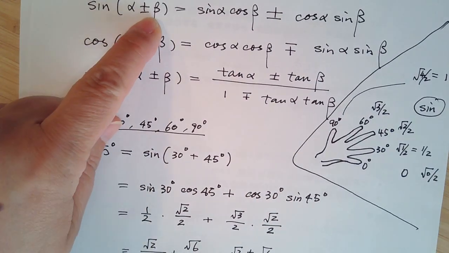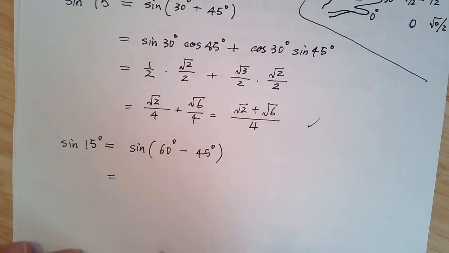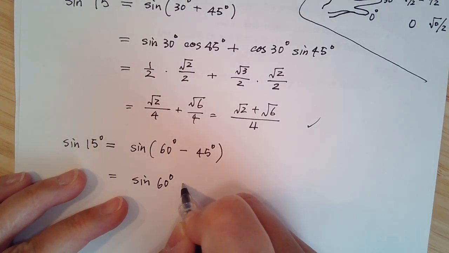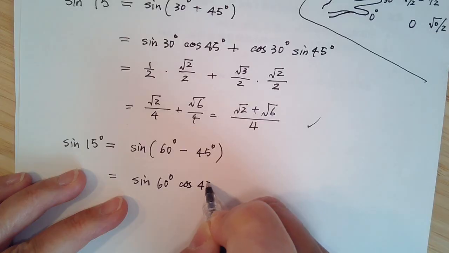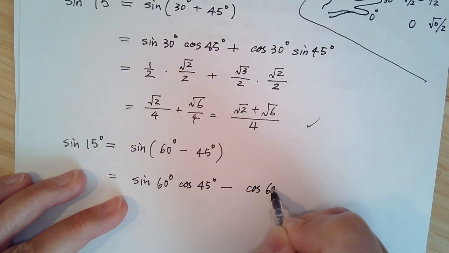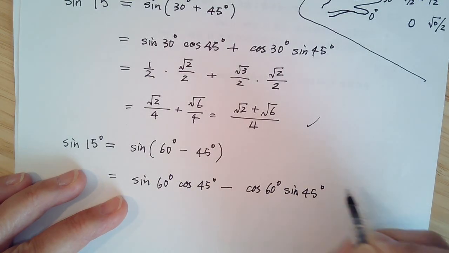Sine alpha minus beta would be sine alpha cosine beta minus cosine alpha sine beta. So that would be sine 60 degrees cosine 45 degrees minus cosine 60 degrees sine 45 degrees.